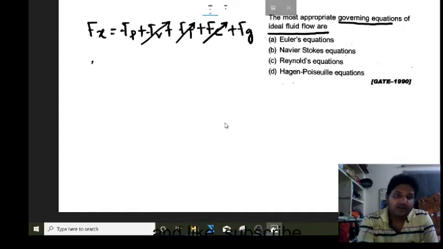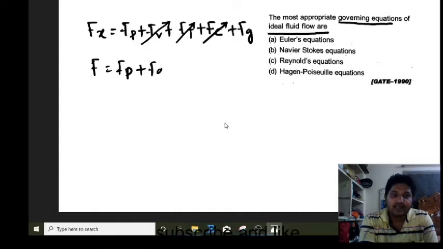Now the Euler equation has two types of forces: the pressure force plus the force due to gravity. The most appropriate governing equation for ideal fluid flow is the Euler equation; everything we derive comes from it.